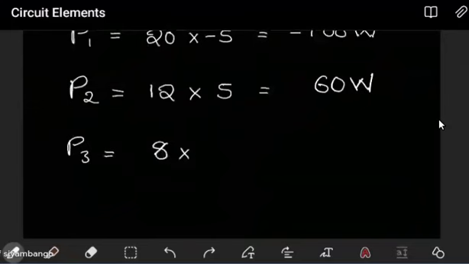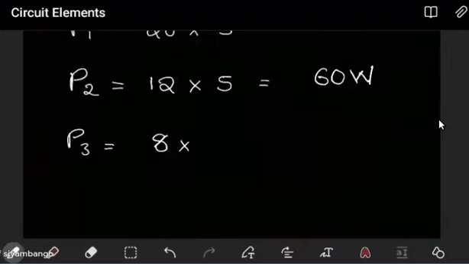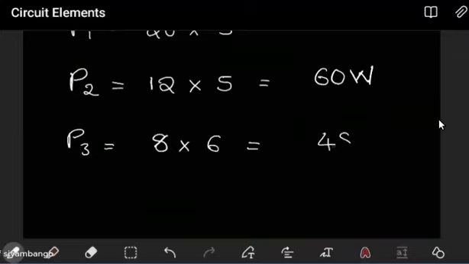But what is the current passing there? It's 6 amps that passes through the 8 volts. So we have plus 6. When you multiply these, you get 48 watts. So that is what we have there.